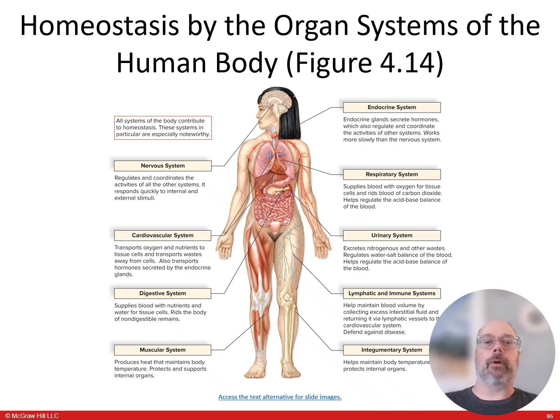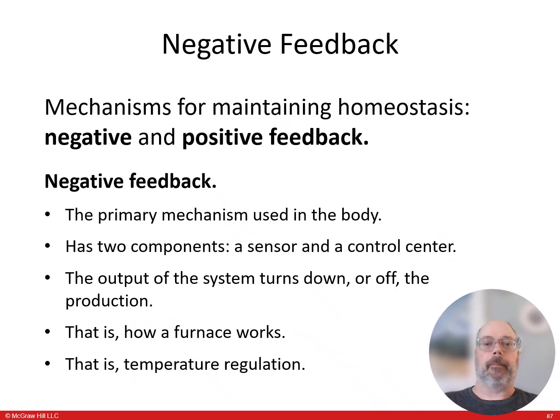So how different organ systems create homeostasis is outlined here in this figure. So we have different mechanisms for maintaining homeostasis in our bodies. We have negative and positive feedback. Most of the mechanisms we use negative feedback, all right, and it has two components, a sensor and a control center.